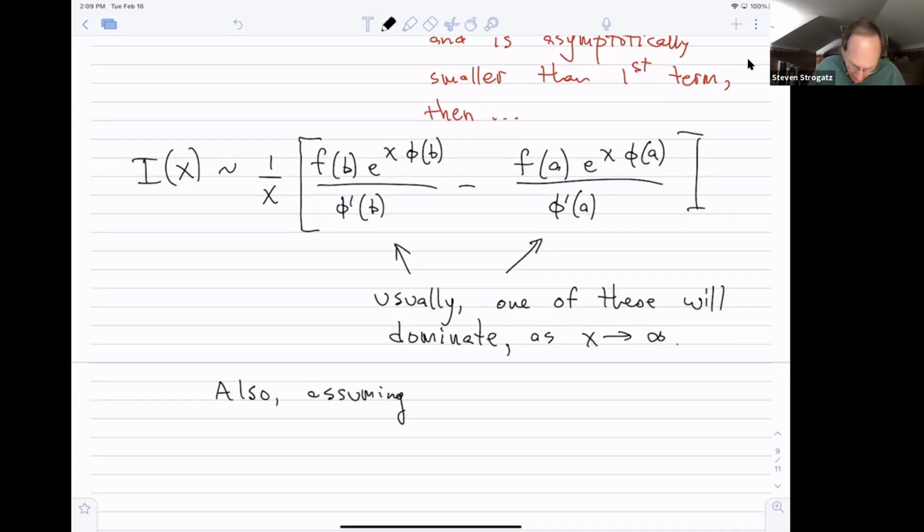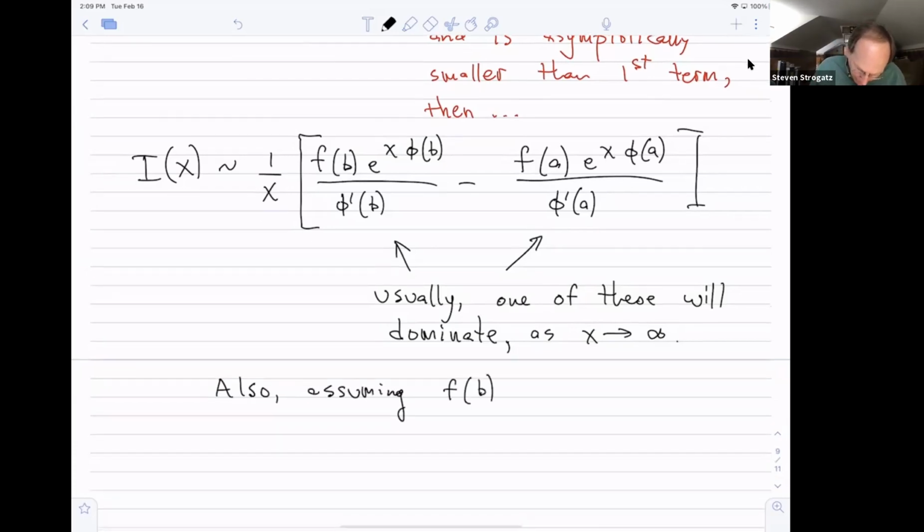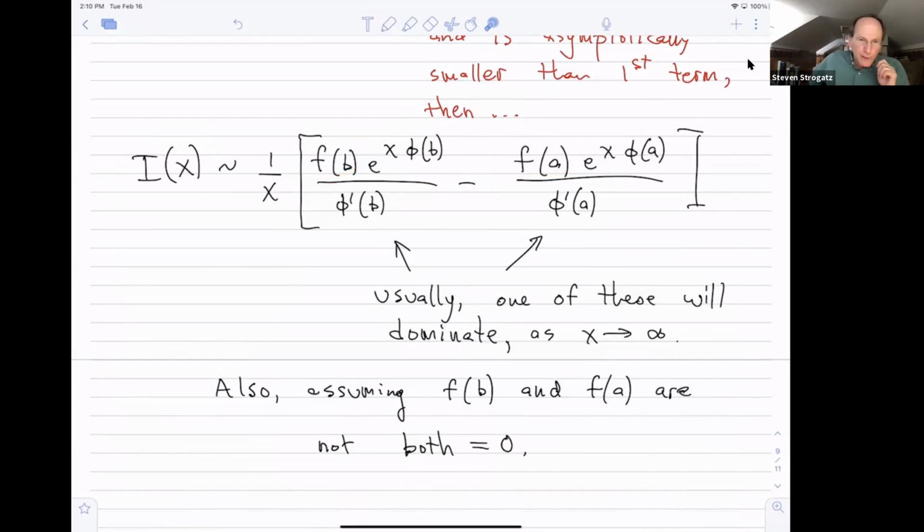So we're assuming that f of b and f of a are not both zero. Right, because you see those factors f of a and f of b sitting here and here. So if both of those are zero, then this term isn't even present, and we need to think harder.